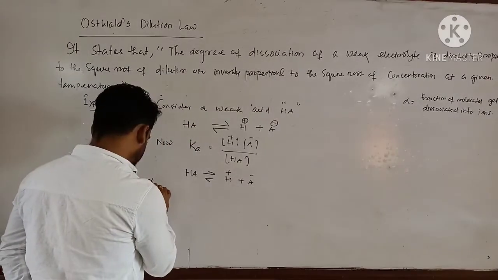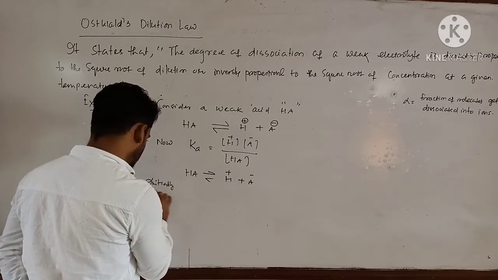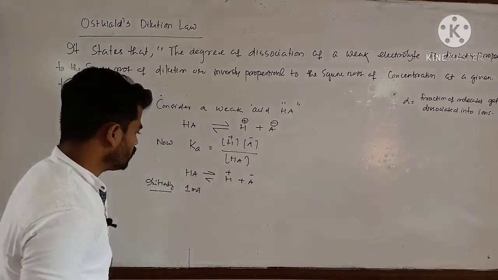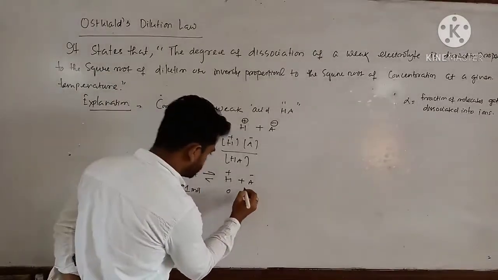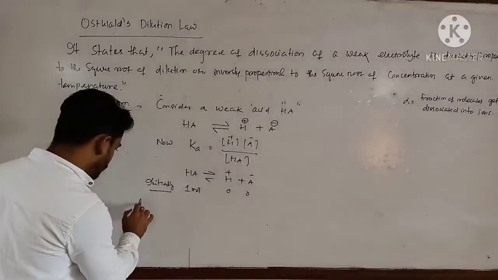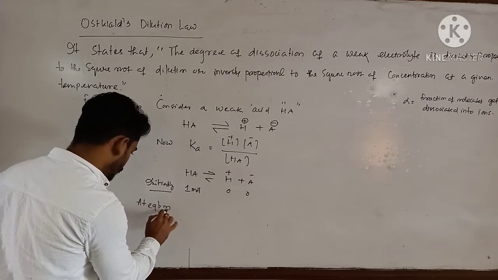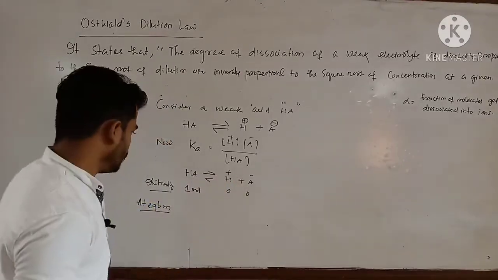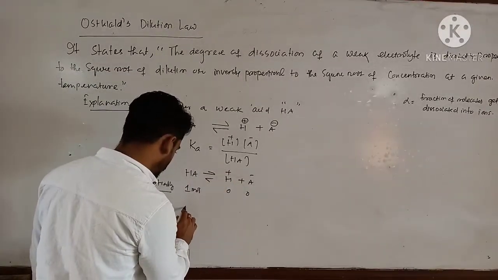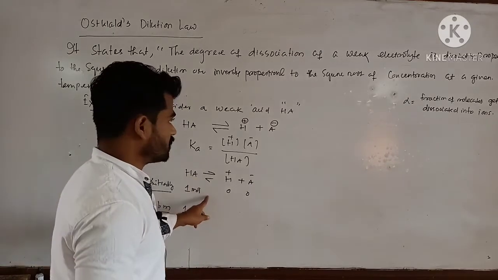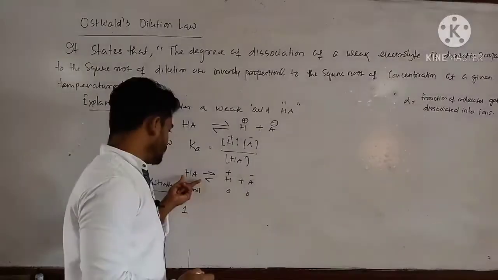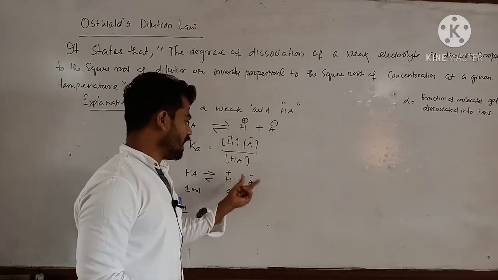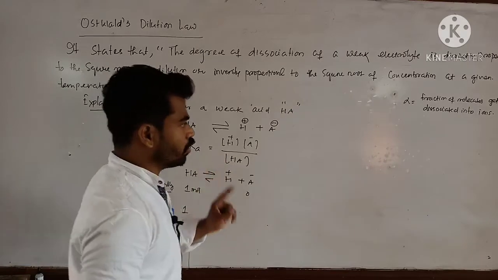Suppose initially I am considering 1 mole of HA. Initially there is no dissociation at all, so H plus and A minus are 0 and 0. At equilibrium, some amount of HA gets dissociated into H plus and A minus. That extent is the degree of ionization, alpha, because alpha corresponds to 1 mole.